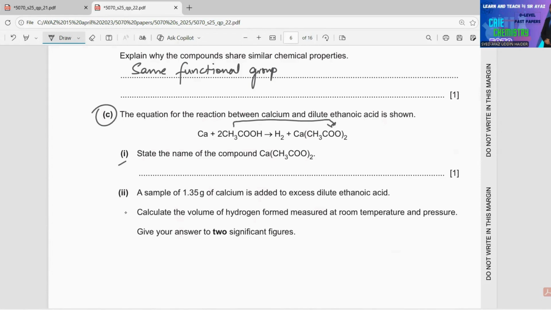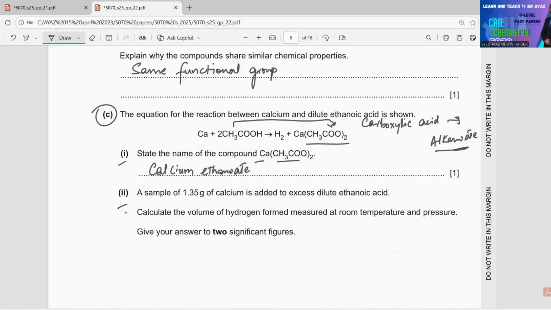Here, it's ethanoic acid, and carboxylic acid gives alkanoate ion. So whatever metal is there, that name comes before that alkanoate ion. In this case, we are having ethanoate. So you write calcium ethanoate. Calcium ethanoate will be the name of the compound.